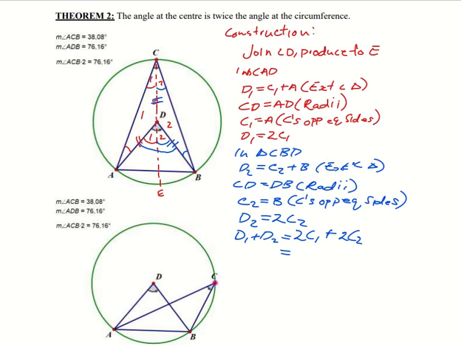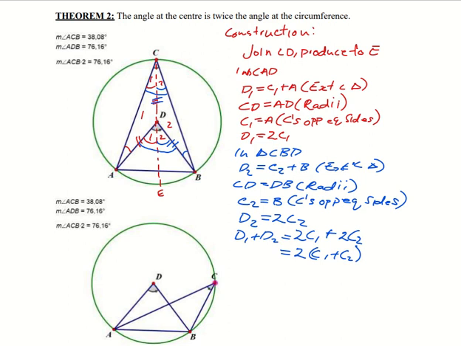If you factorize, it's going to be 2 times C1 plus C2. The angle at the circumference is made of C1 plus C2.